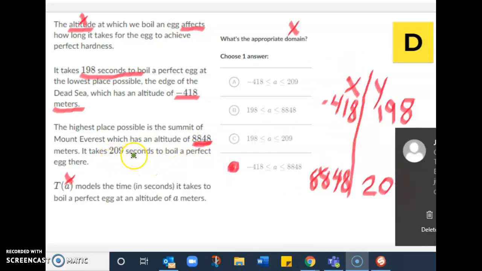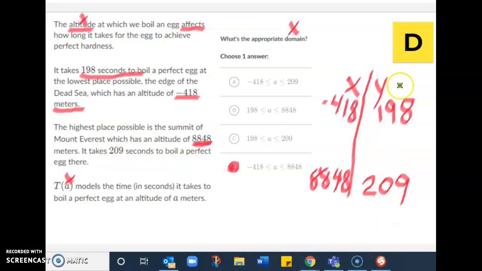I put the 209 seconds under my Y column. So if we look here, T of A, remember the letter inside my parentheses tells me my X column on the table or my X axis. So A tells me altitude. I was right by putting the altitude as my X.